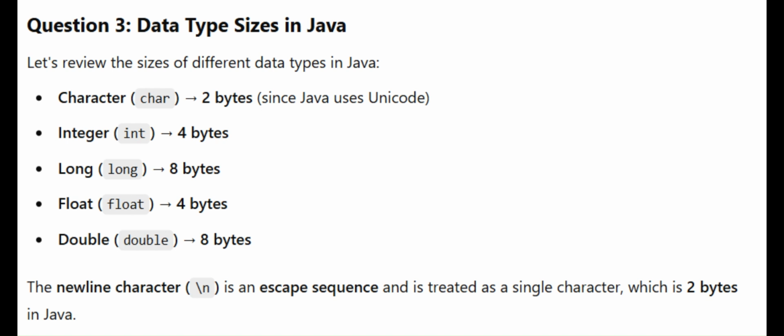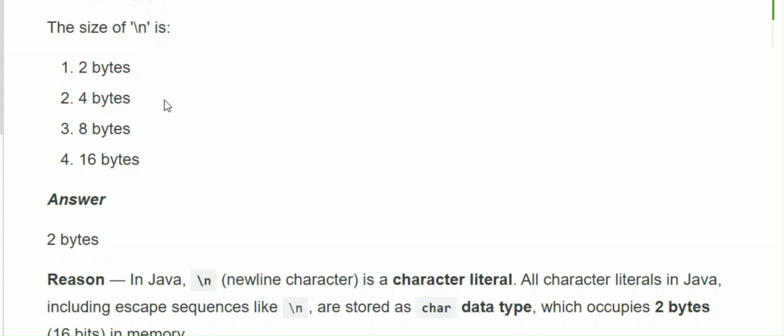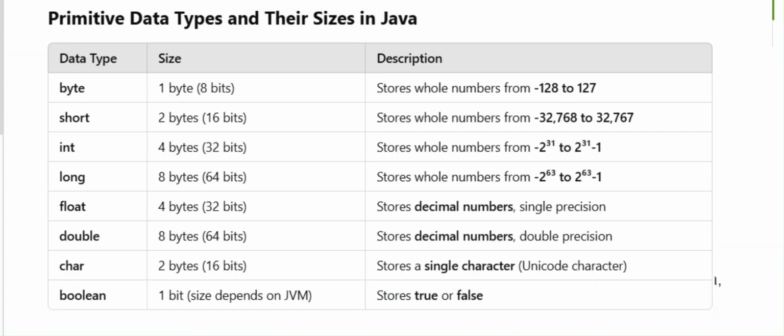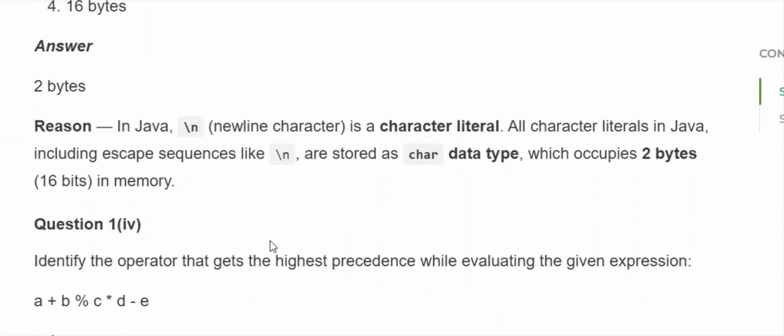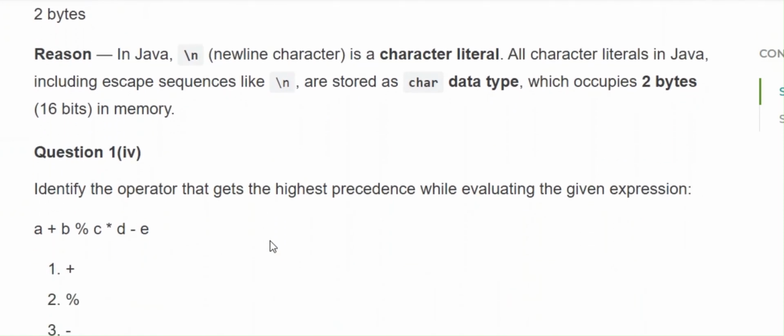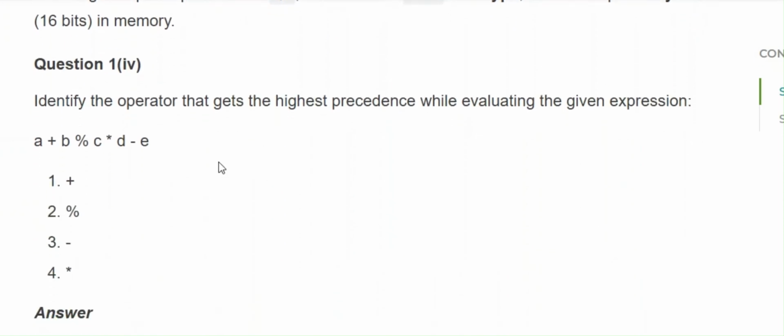Long is 8 byte. Float is 4 byte. Double 8 byte. Nothing is 16 byte. This is the table of primitive data types and their sizes. You have to remember all these sizes. One question is a must from these. Boolean technically takes 1 bit, but the Java Virtual Machine, JVM, may use 1 byte for storage depending on implementation.